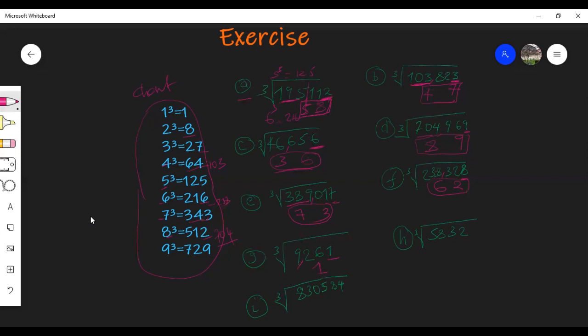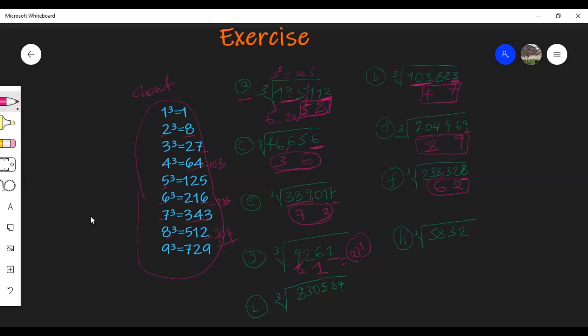And then you look for a number that, if you cube it, will give you 9. So the only number closer to that is 2. It should be between 2 and 3 cubed, but since 9 is not yet 27, we'll take the lower. So this one becomes 21. So you know that 21 cubed gives you 9261, and that becomes your answer.